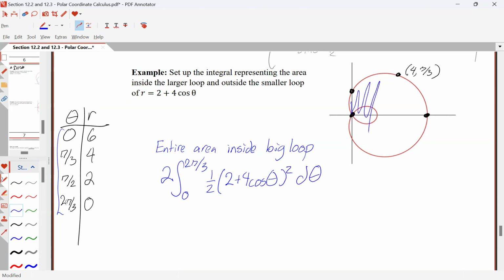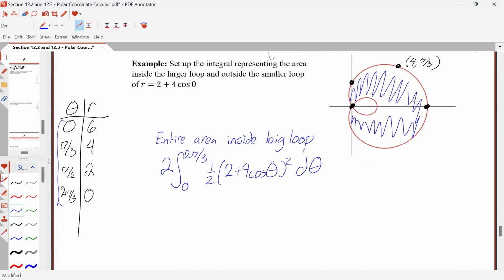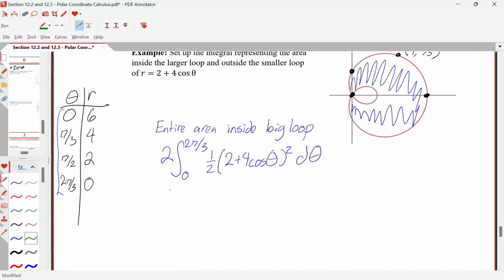That gives us everything inside this loop. What we want to do now is get rid of this little loop. We want to only have outside the big loop. So now we want to find inside the little loop.